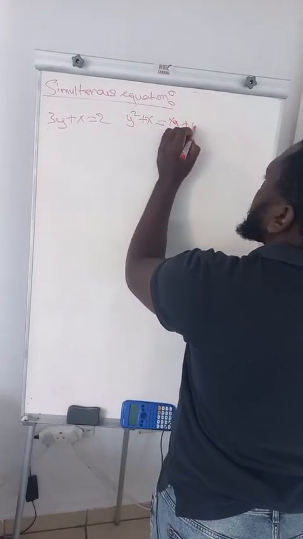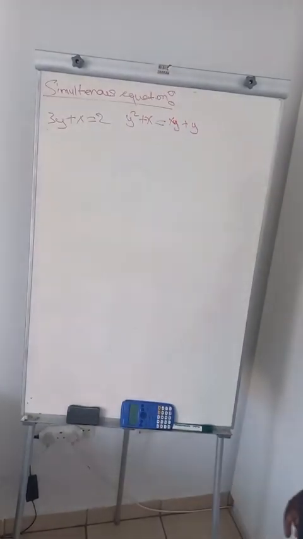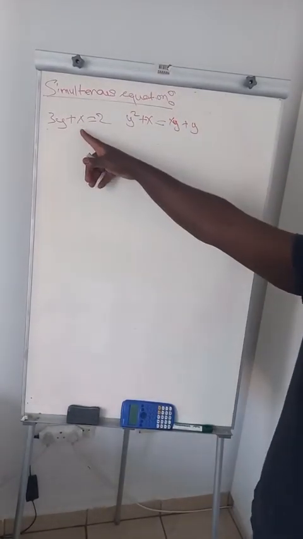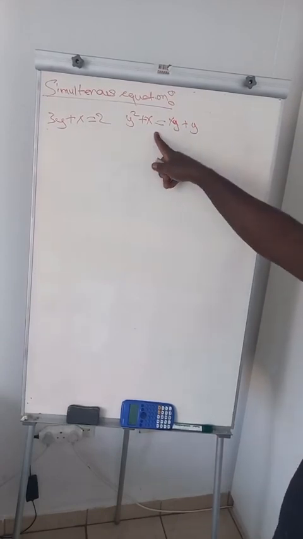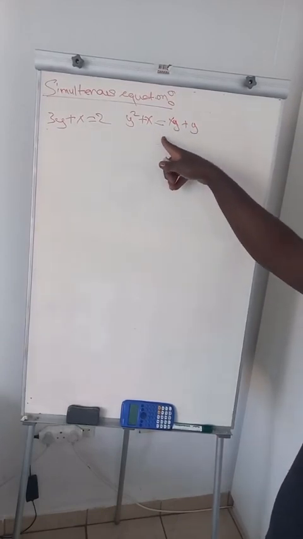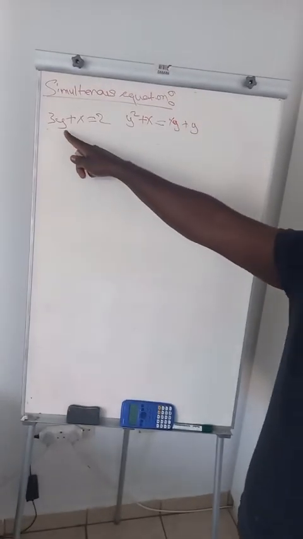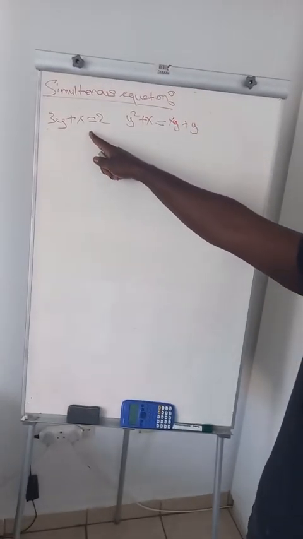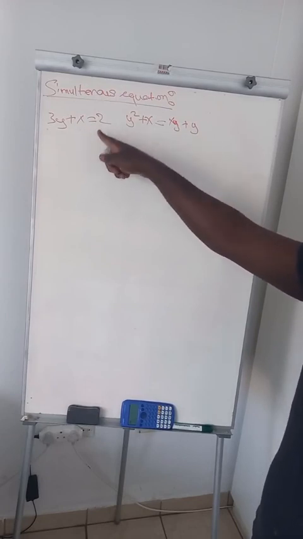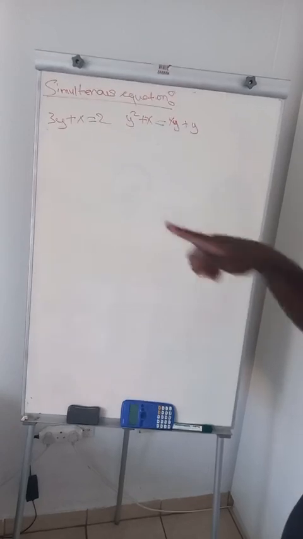So plus y. So if you're to check, you can name this to be equation 1, and then this one to be equation 2. Now, by just looking here, you can see that it's much easier for you to make x the subject of the formula on this first equation, as compared to this one.